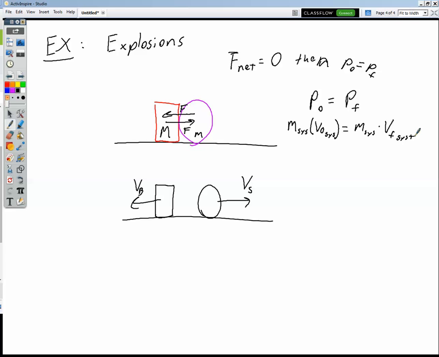So writing that out more fully, we have the mass of Susie times V naught of Susie plus the mass of Bobby times V naught of Bobby is equal to the mass of Susie times V final of Susie plus the mass of Bobby times V final of Bobby.